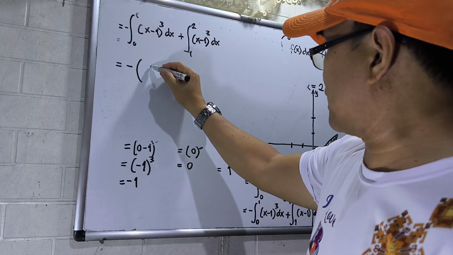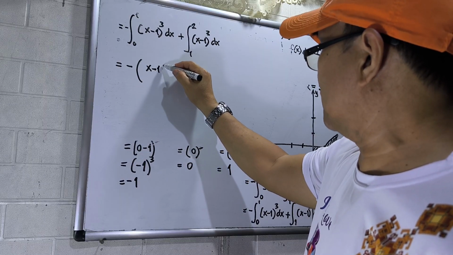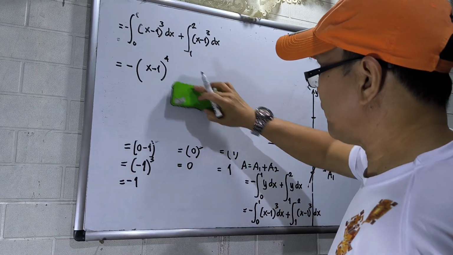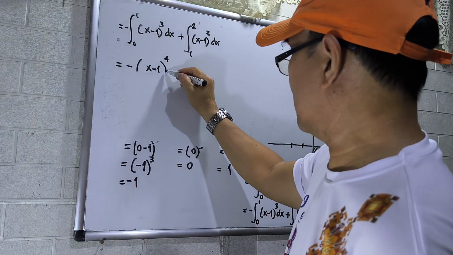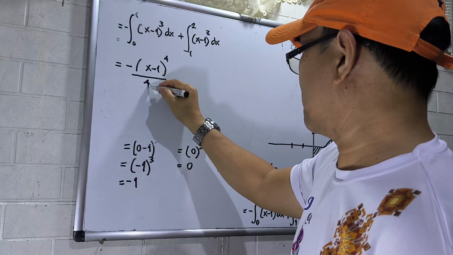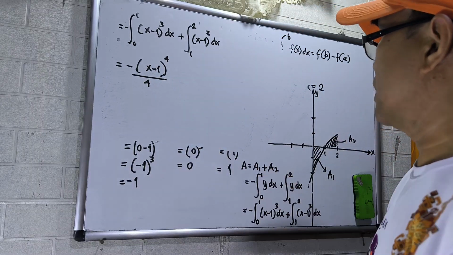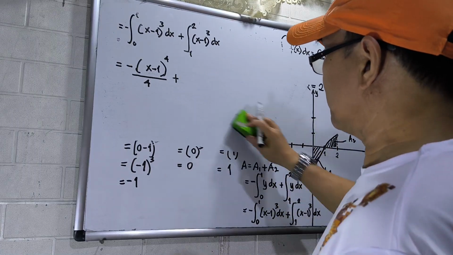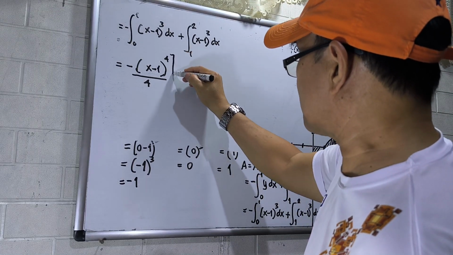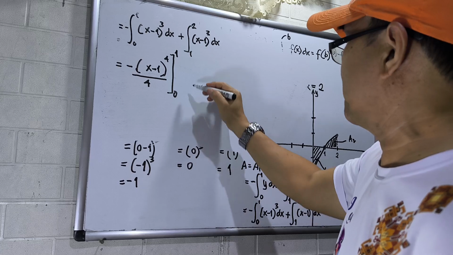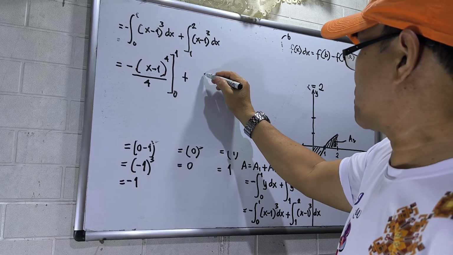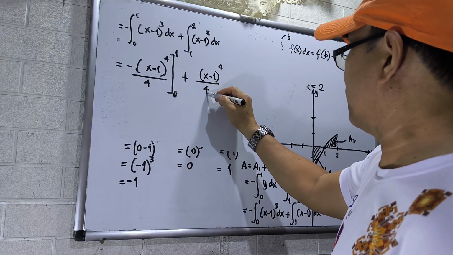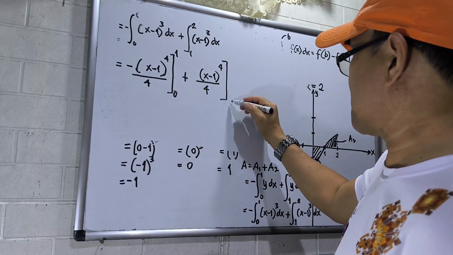So this will be (x minus 1) to the power of 4 over 4, with limits from 0 to 1, then plus (x minus 1) to the power of 4 over 4 with limits from 1 to 2.